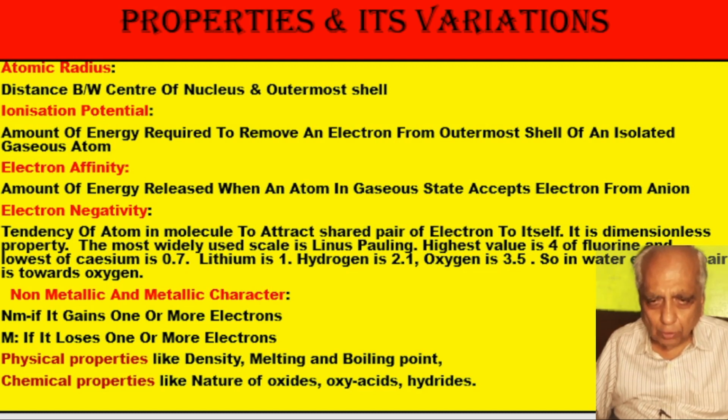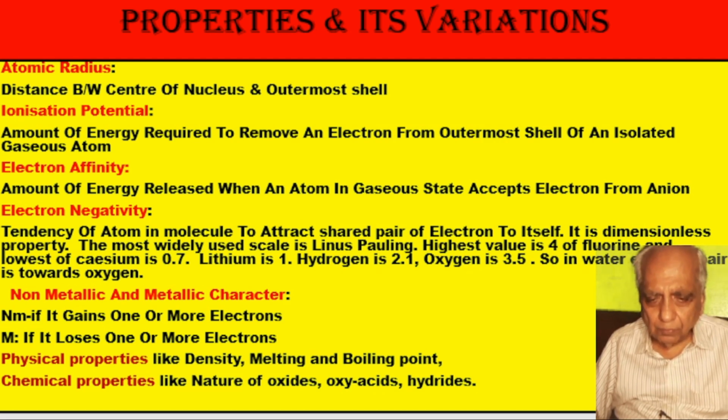It consists of 7 horizontal rows which are called periods, and as per the new notation, there are 18 groups. First group and second group have 1 electron and 2 electrons in the outermost orbit. Groups 3 to 12 have 2 electrons in the outermost orbit, but they are only from period 4 to 7, which are called transition elements.